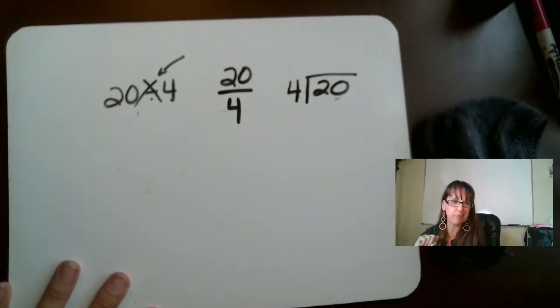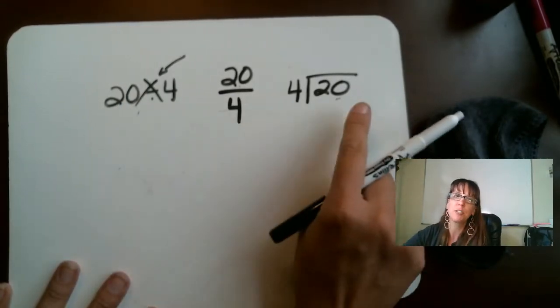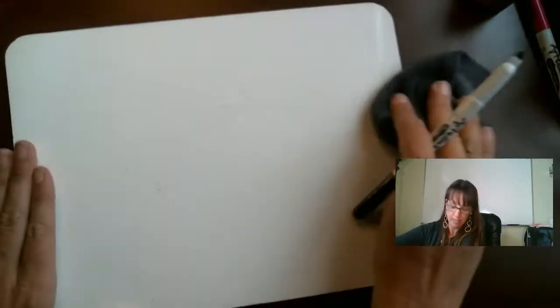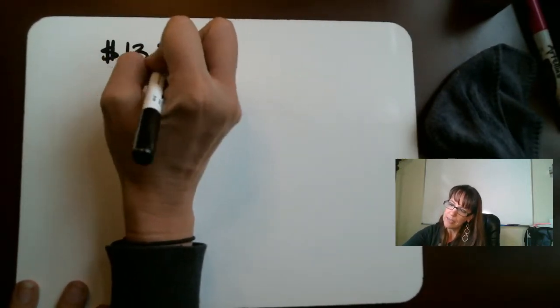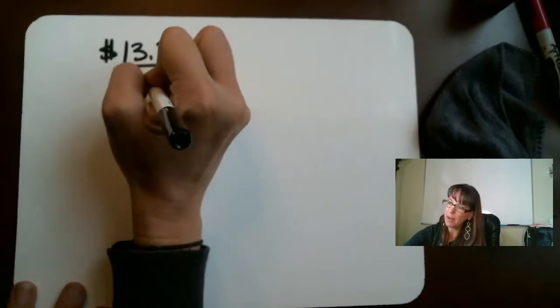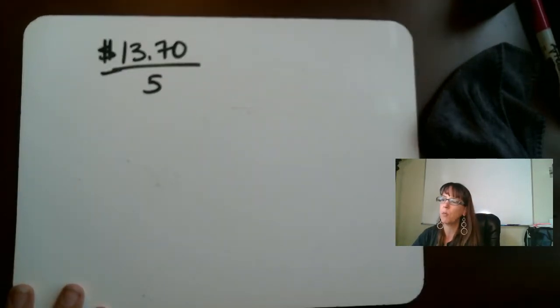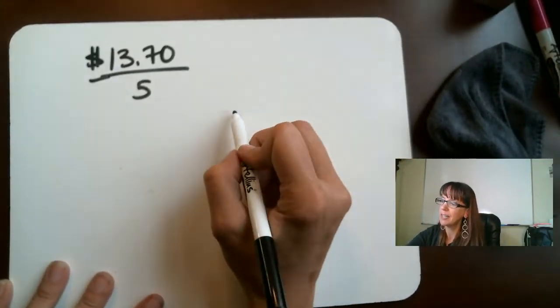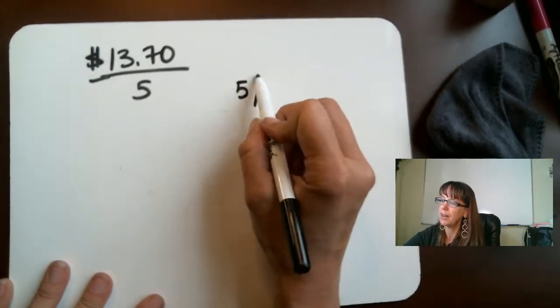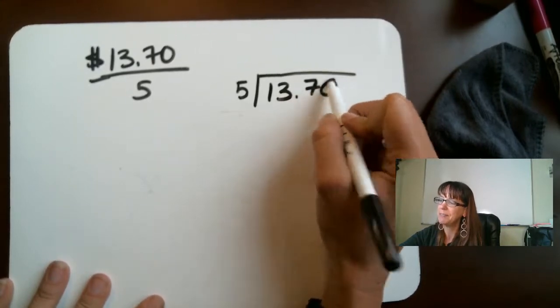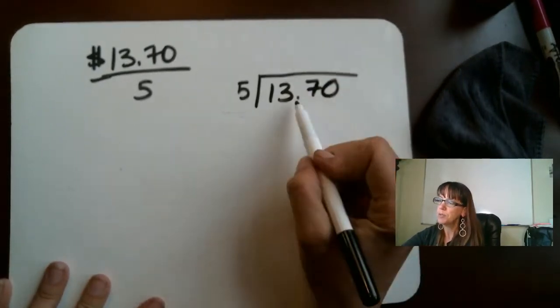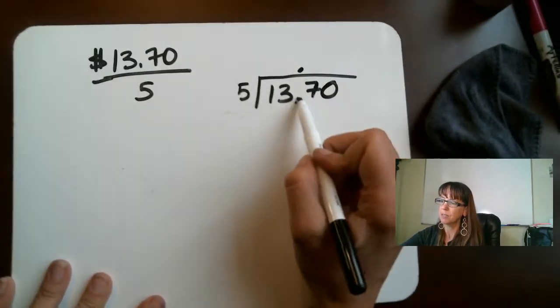So I prefer fractions or like this. All right, so taking a look at example 4.3, what we have is 1370 divided 5 ways. So what we're going to do here is 1370 divided by 5. Okay, what we do is we bring our decimal up to here.